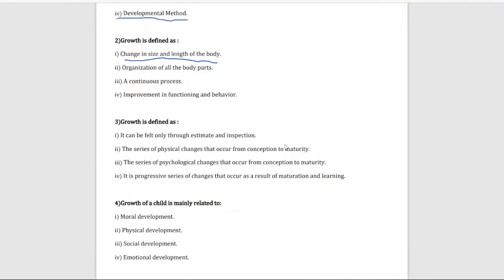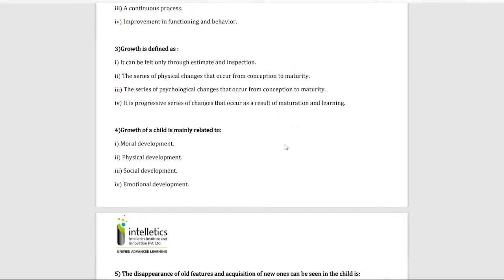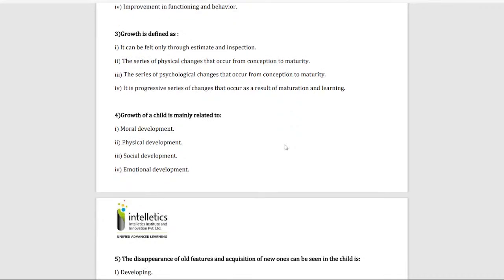Coming to the third question, growth is defined as dash. First, it can be felt only through estimate and inspection. Second, the series of physical changes that occur from conception to maturity. Third, the series of psychological changes that occur from conception to maturity. Fourth, it is progressive series of changes that occur as a result of maturation and learning.